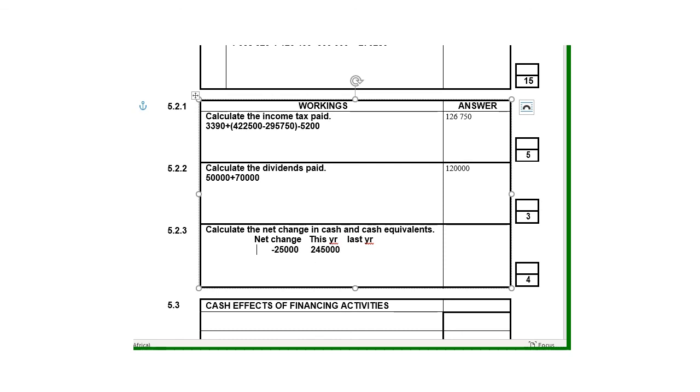Now my net change for the year: take last year minus this year. So it's 245,000 minus this year, but be careful because it's a minus. It means it's 245,000 minus minus, and a minus minus gives me a plus, if you think of maths. So it's 245,000 plus 25,000, which gave me a balance of 270,000.